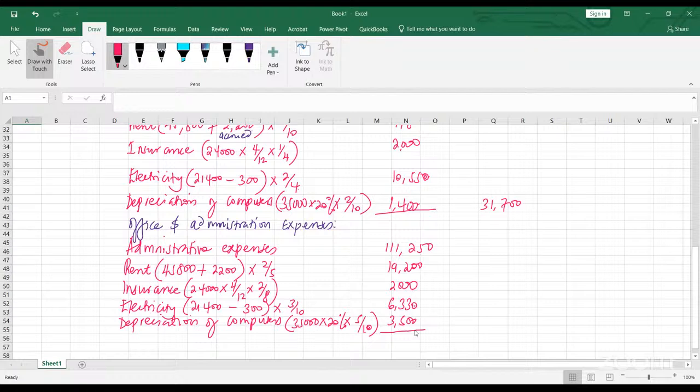So just add up, then we see what we have. 142,280.